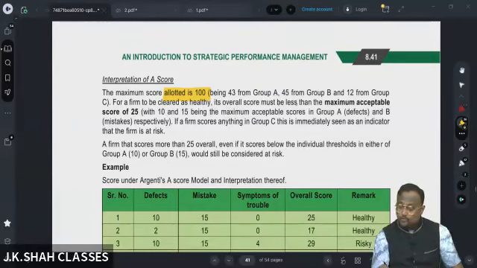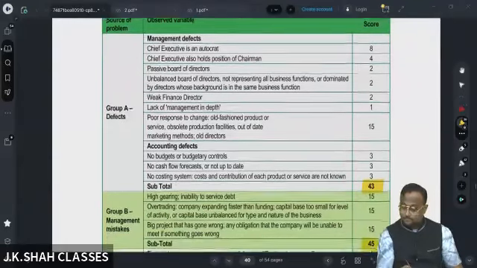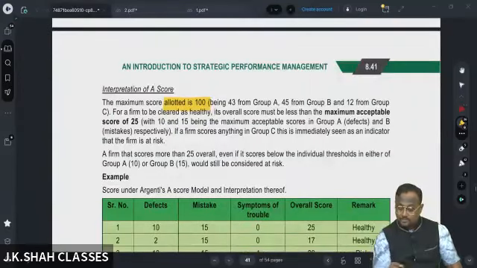Now, the overall score must be less than the maximum acceptable score of 25, with 10 and 15 being the maximum acceptable score in Group A. ये देखो, इन्होंने यहाँ पे स्पेसिफाई किया है 10 and 15 being the maximum acceptable score in Group A for defects, and B. So defect के लिए 10, mistakes के लिए 15.